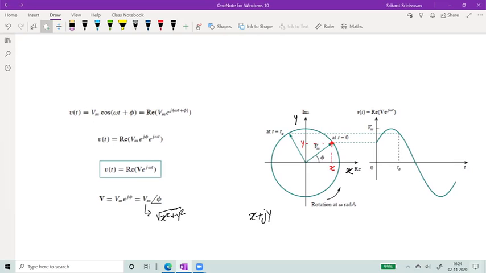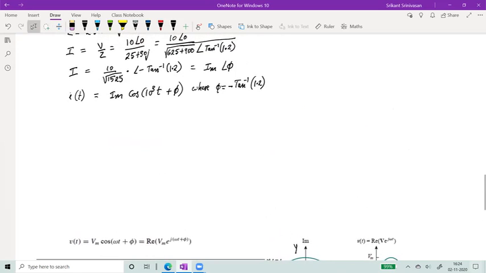That's the original point. And then as time progresses, the phasor location will keep changing and the projection of that will also keep changing. So this is something you can just look at carefully. It may be useful or may not be useful at this time, but it's just to give you a visual idea of how the phasor corresponds to a real sinusoidal or cosine function.